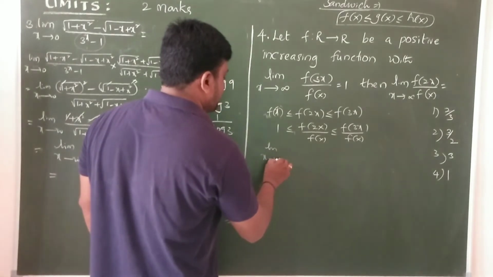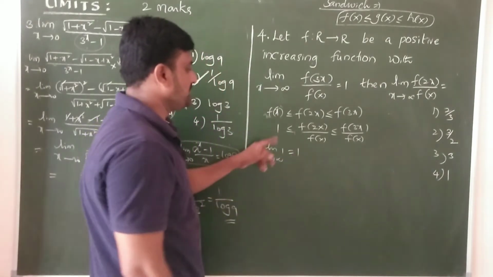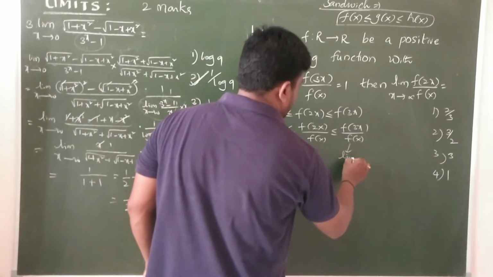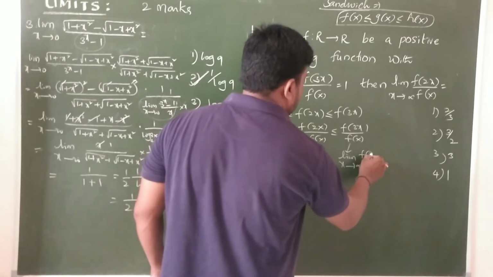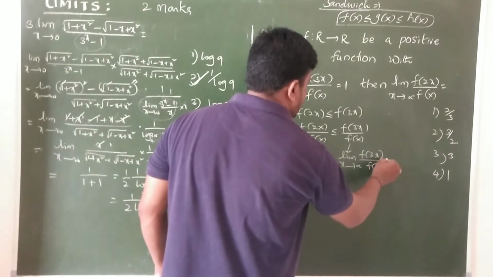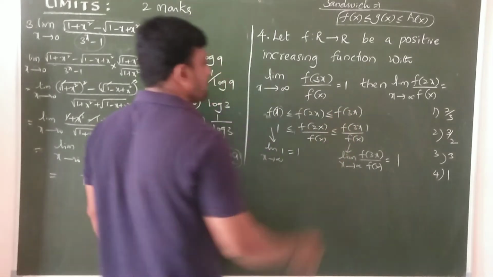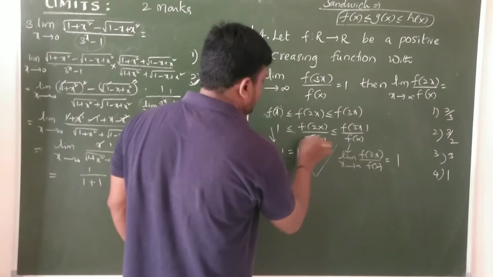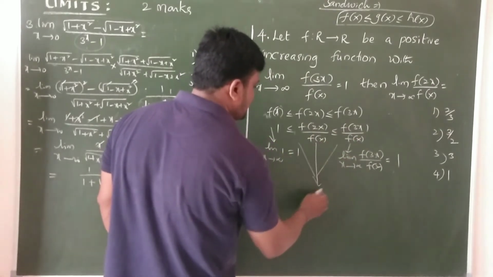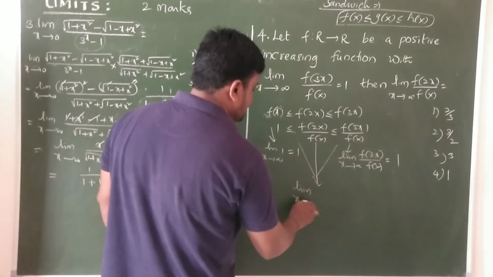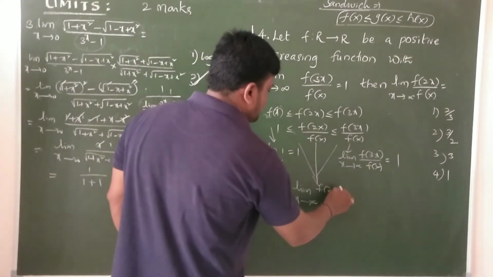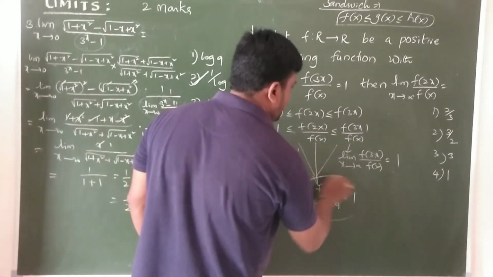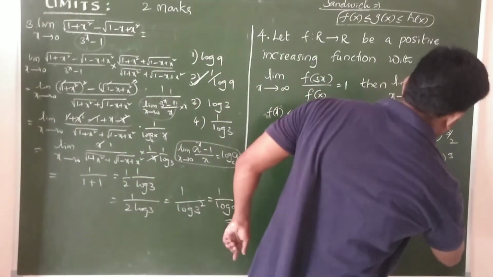The limit as x tends to infinity of 1 equals 1, yes or no? And the limit of f(3x) by f(x) is also 1 by the problem. Similarly, the middle one is the same: the limit as x tends to infinity of f(2x) by f(x) equals 1. So our option is the fourth one.